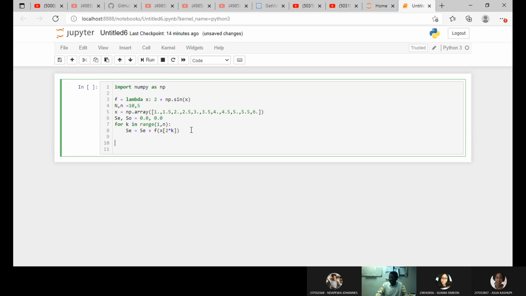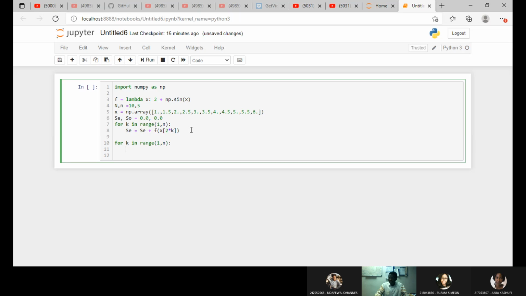And now the second one, I will have another for loop, k in range. So we do something similar for the range. Now I will take from 1 to what? Because we want to reach 2n minus 1. But let's see.